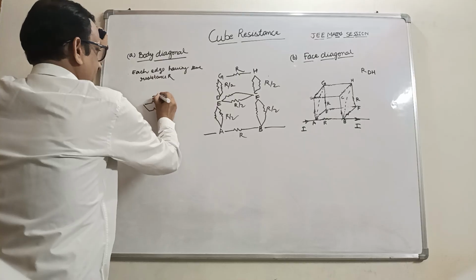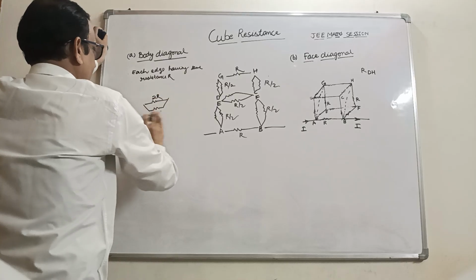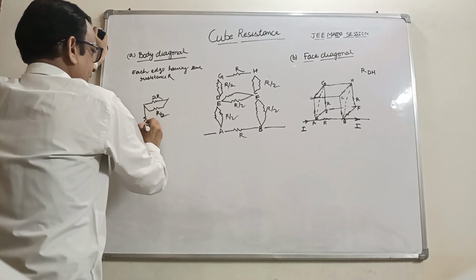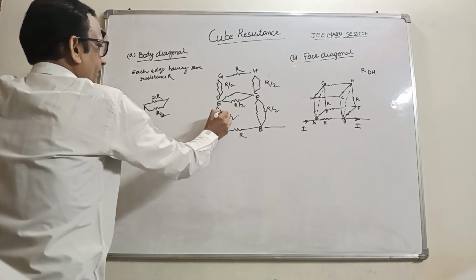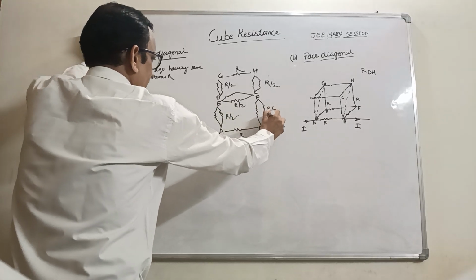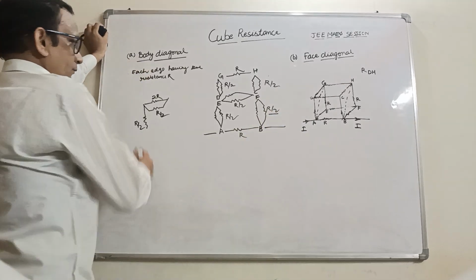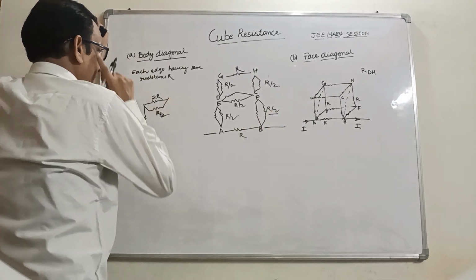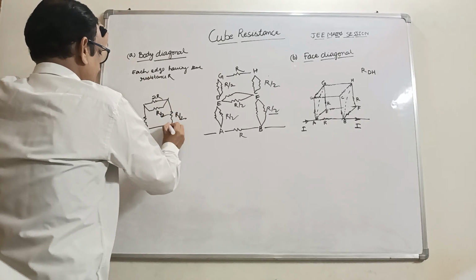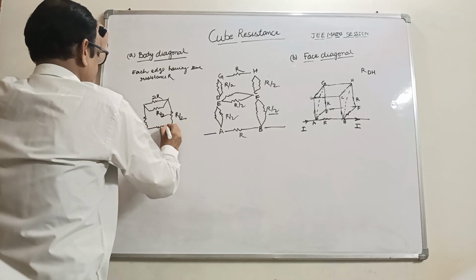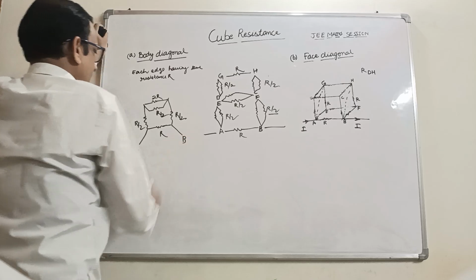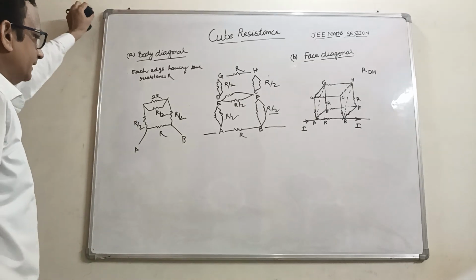So here 2R, here R by 2, and here R by 2, and this resistance R is equivalent to R by 2. So here R by 2, and here also R by 2, and here is R. This is A and this is B. We have to find the equivalent resistance across A and B.